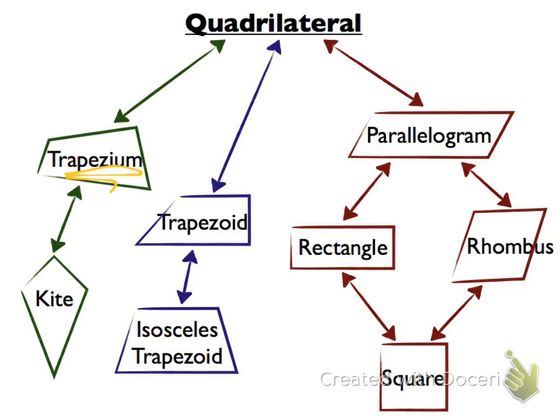And let's talk about a trapezoid. Is a trapezoid always, sometimes, or never an isosceles trapezoid? Sometimes. Remember what we talked about. If you're going down the chart, it is sometimes. If you're coming up the chart, it is always. And you can't go back and forth.